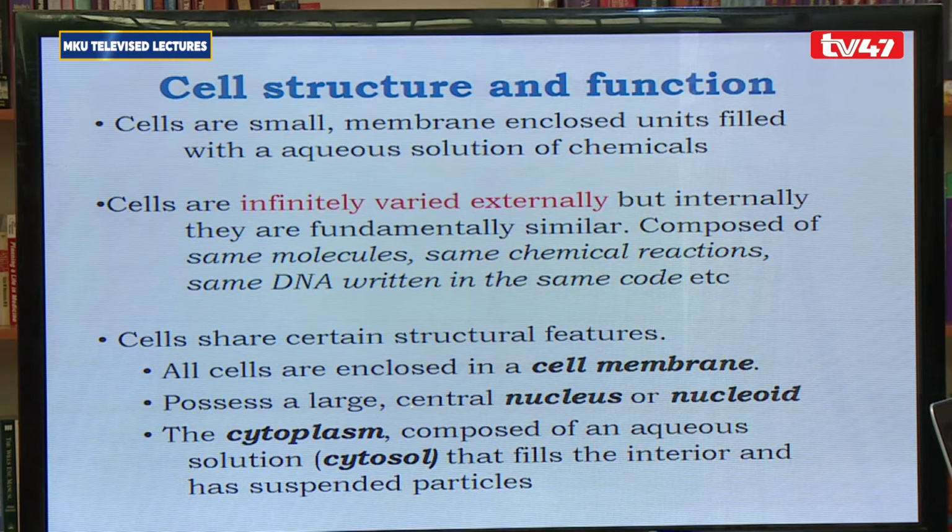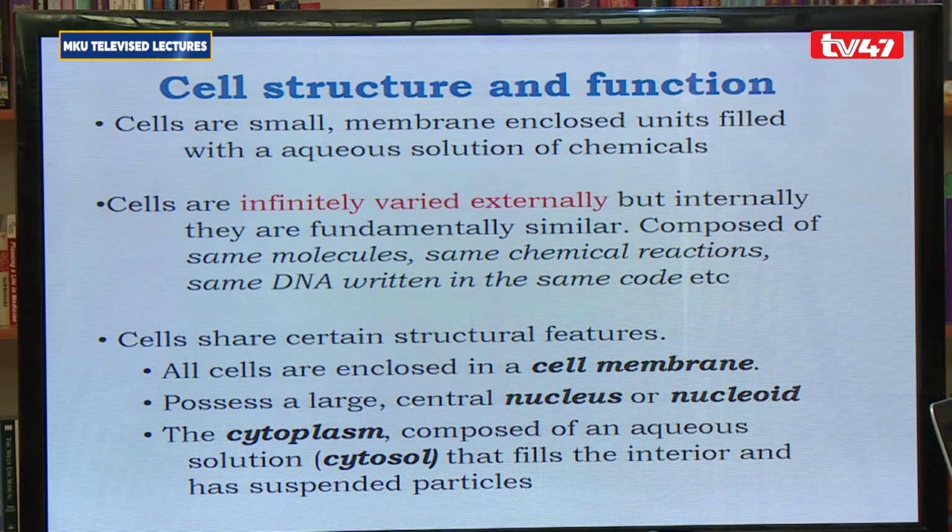However, internally, the cells are almost similar, meaning most of them are composed of the same molecules. When you talk of carbohydrates, proteins, lipids, the same molecules are found in every cell. You pick a bacterial cell, an animal cell, a plant cell, you'll find the same types of components.